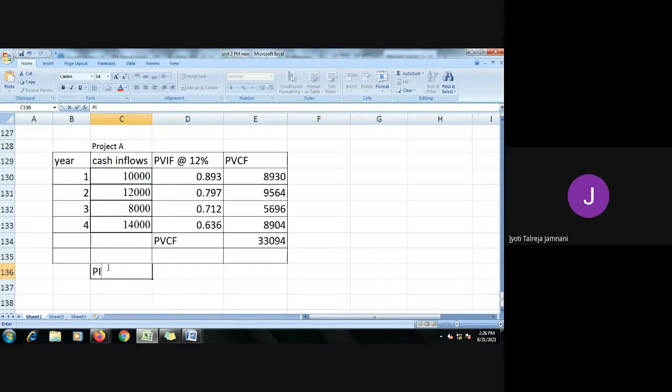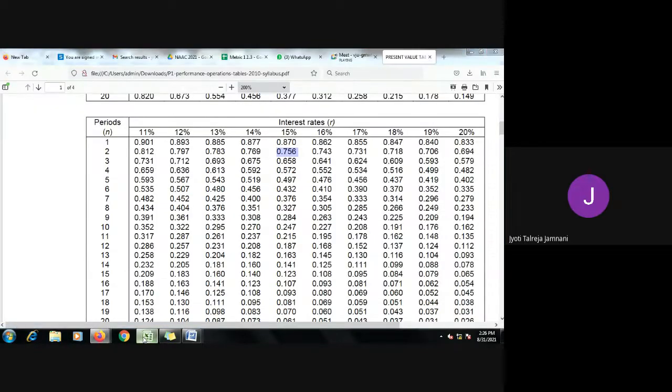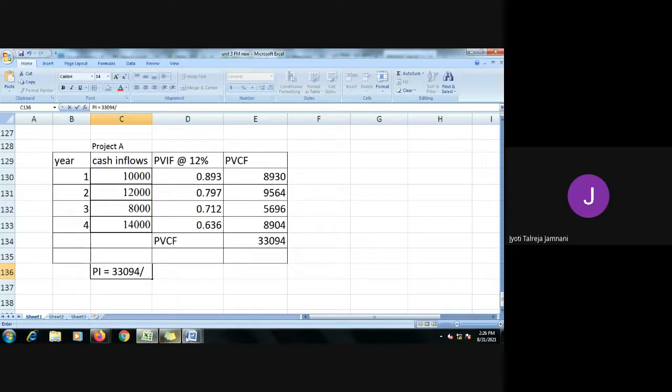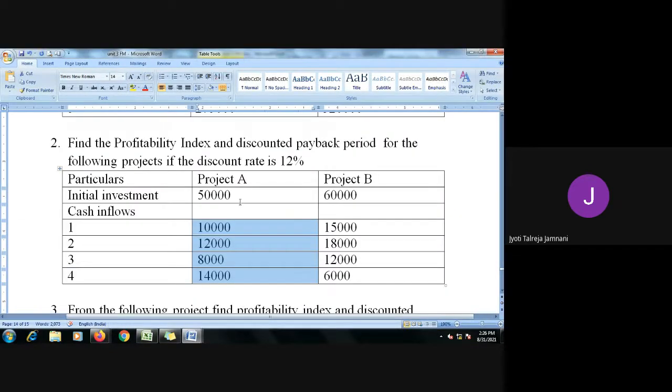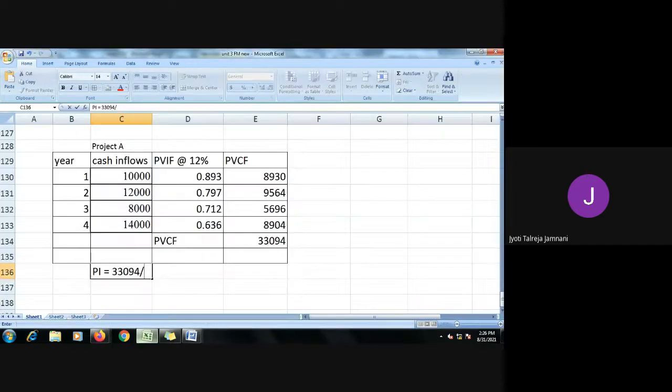Now we can find profitability index. Profitability index is equal to present value of cash flows, 33,094, divided by initial investment. Initial investment is 50,000 rupees given in the question. So we'll divide it by 50,000. So we will get the profitability index as 0.661.